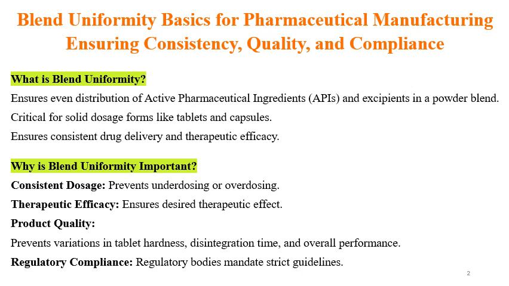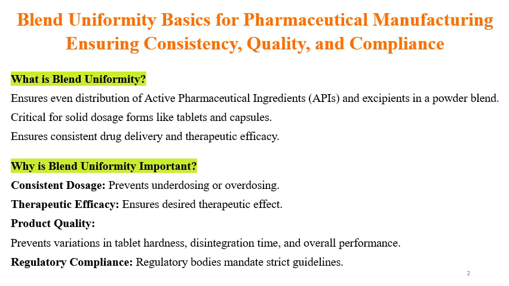BU is critical for solid dosage forms like tablets and capsules, and it ensures the consistent drug delivery and the therapeutic efficacy. To meet the content uniformity requirements, assay requirements, uniformity of dosage units requirement, blend uniformity is very important.